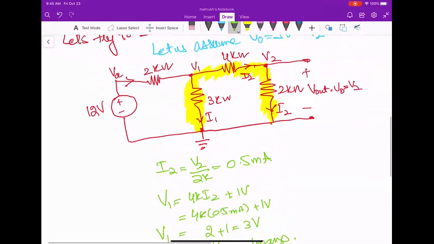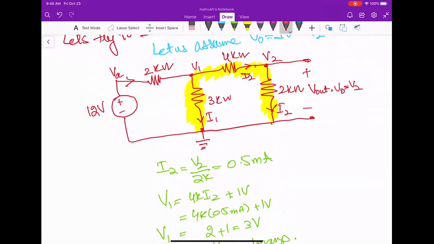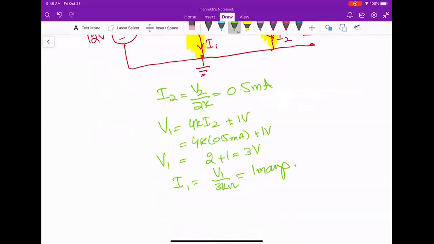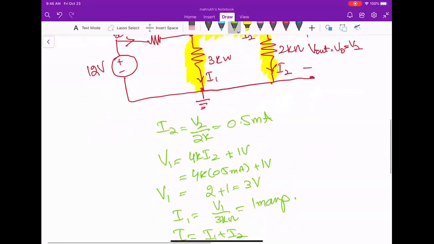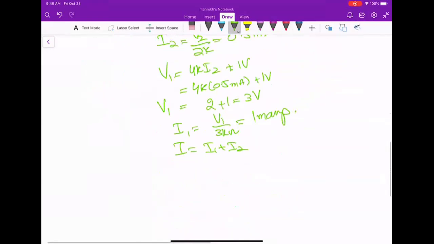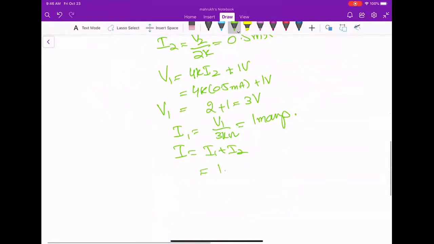Okay, and so the current here, that is I, will be equal to I1 plus I2, right? And then it will be equal to 1 plus 0.5, which will make it 1.5 milliamps.